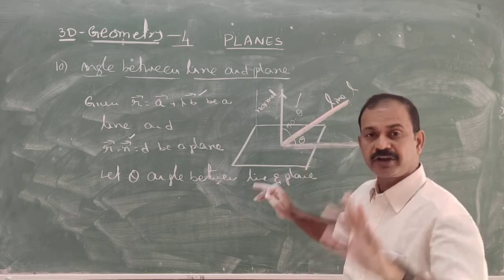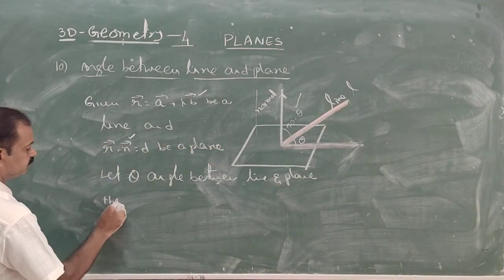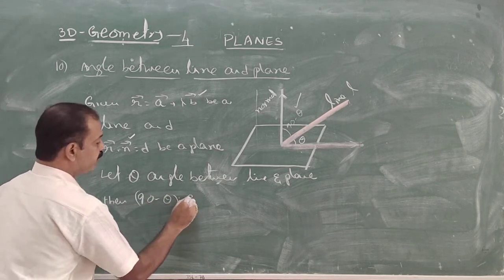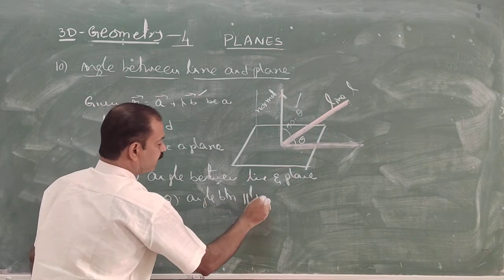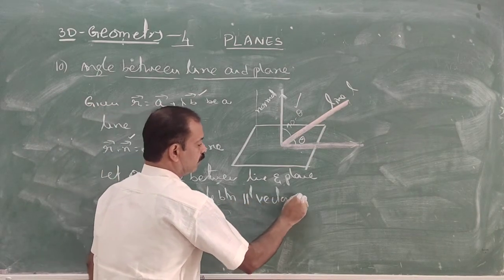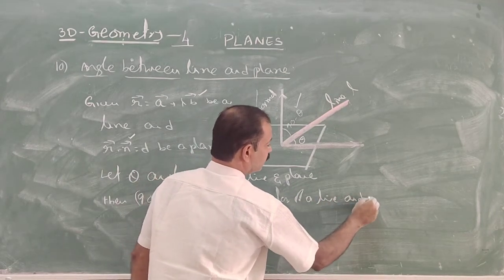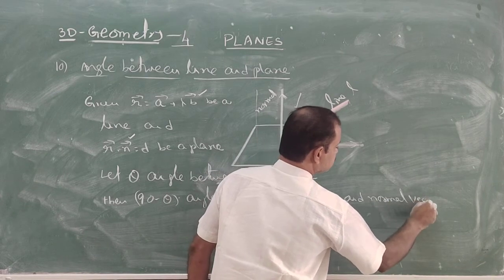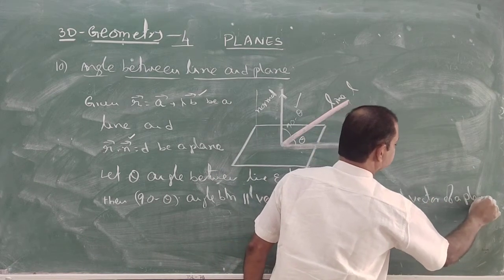Then 90 minus theta will be the angle between the parallel vector of a line and the normal vector of a plane.